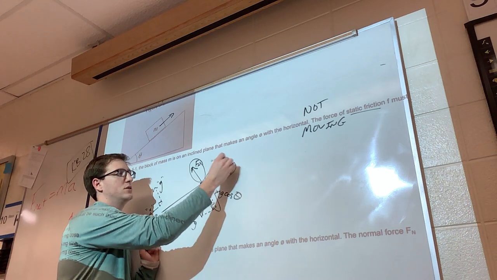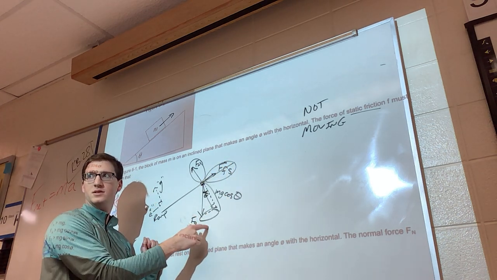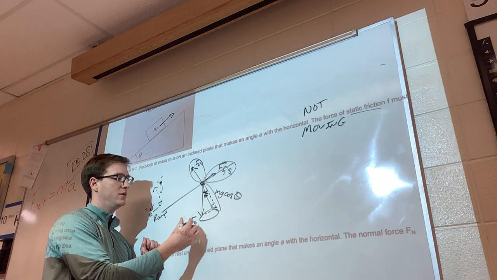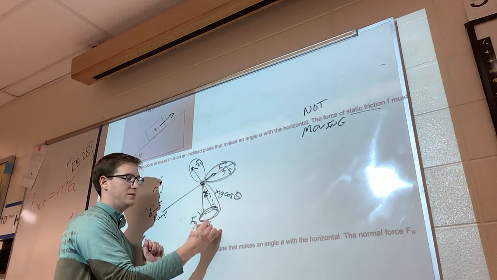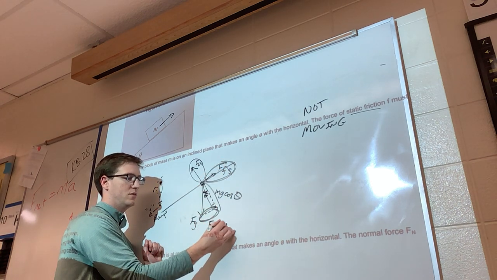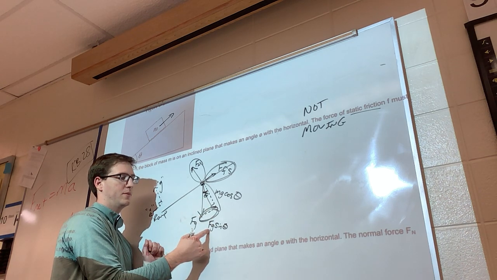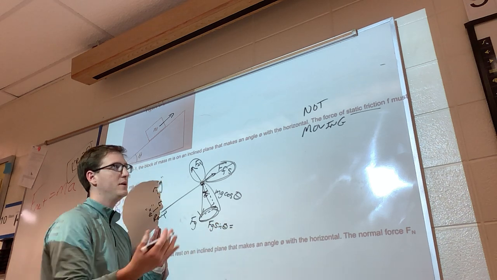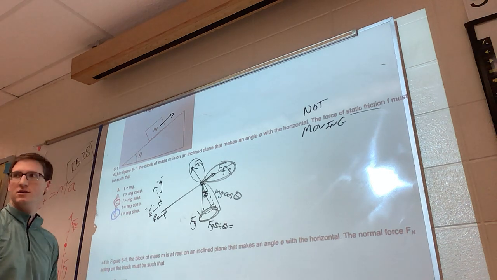We need friction to balance this portion, the portion that's pulling it downhill. So I need this and this to cancel, and this is equal to Fg sine of theta, because it's the opposite. Oh, I see. So friction, at minimum, needs to balance Fg sine theta.